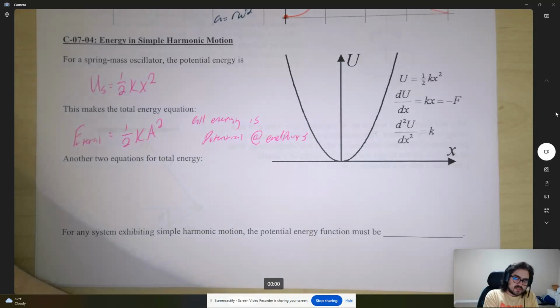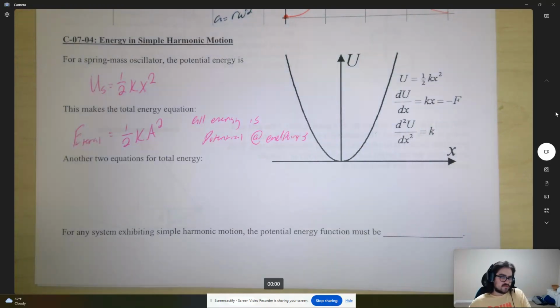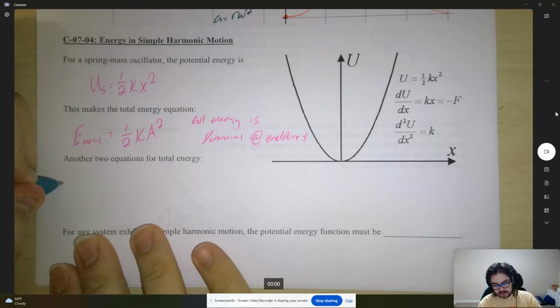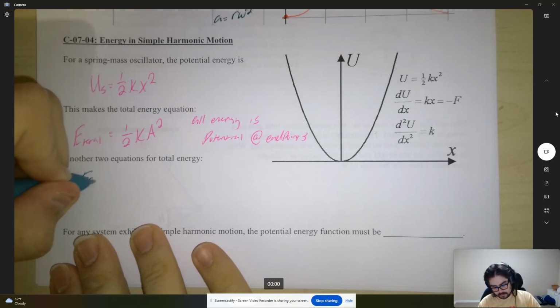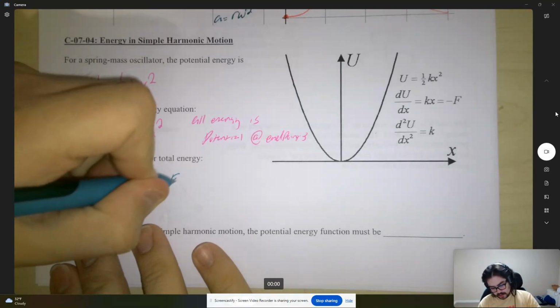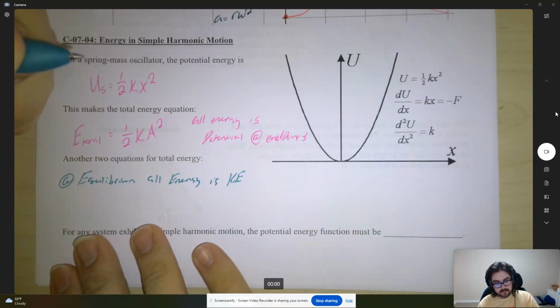You can also use these two equations for energy. These are not as easy, but sometimes you only have enough information to use one of these other ones. At equilibrium, all energy is kinetic, okay?